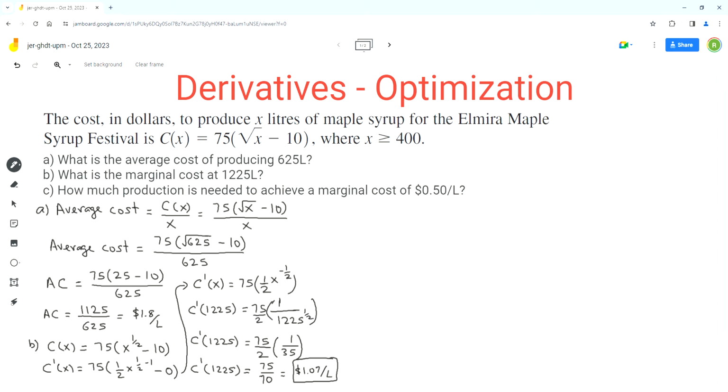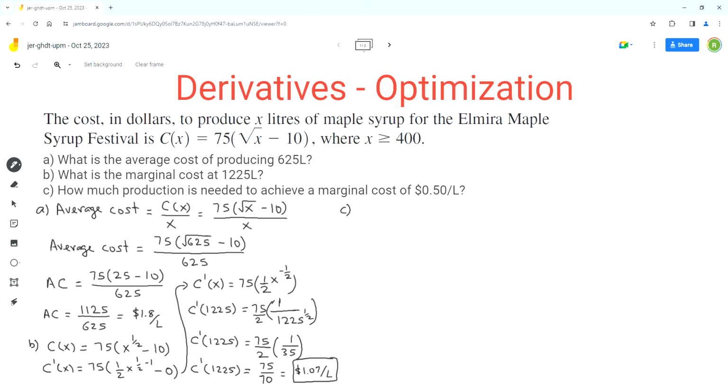Now we can analyze part C. In part C we have to find the production that is needed to achieve a marginal cost of $0.50 per liter. So we are given in this case the value of C prime of x and we have to find the x value for which we'll get this C prime of x value.